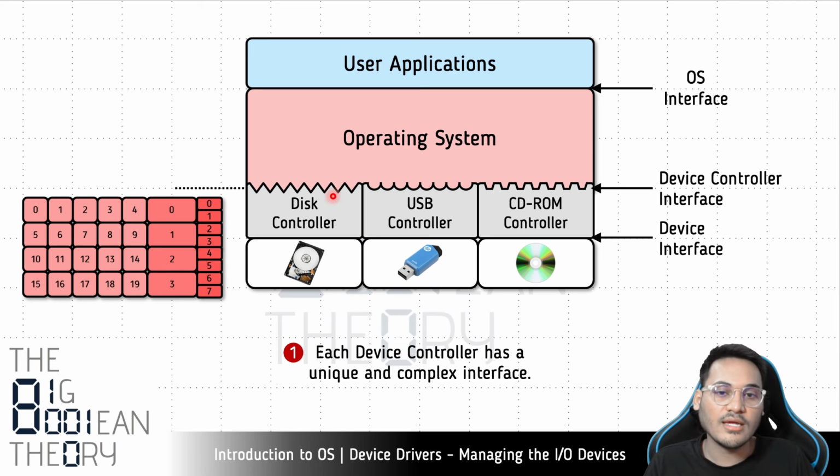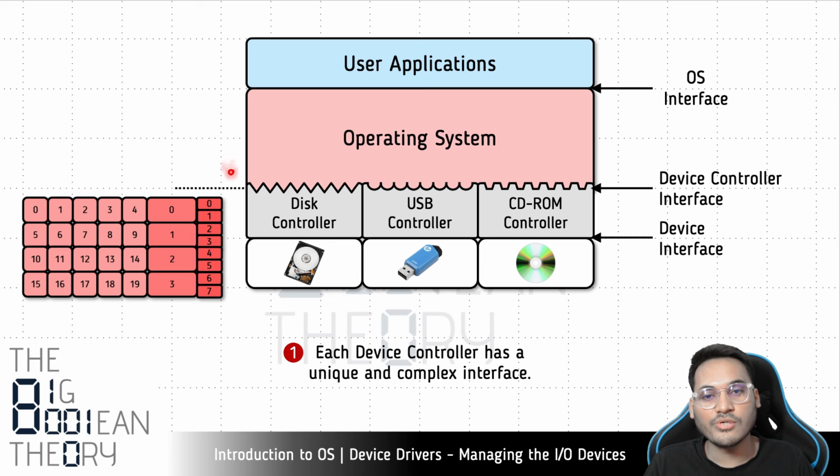The disk controller can only control the disk. It cannot control the USB stick or the CD-ROM. And the set of registers that are part of the disk controller interface will be very specific to how the disk has been designed and implemented. Hence the set of registers in these controller interfaces will all be very different.